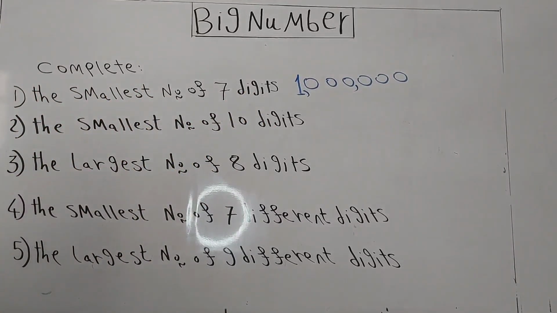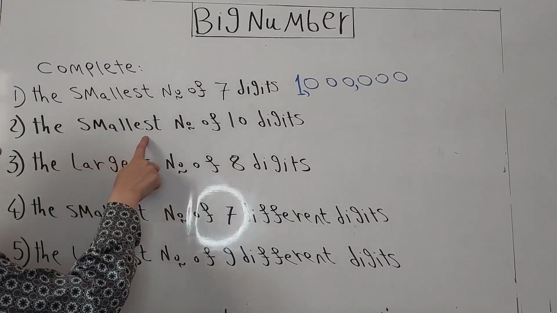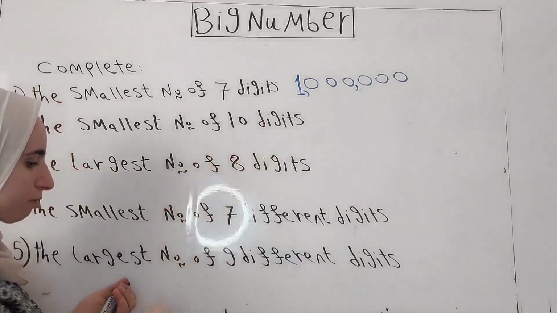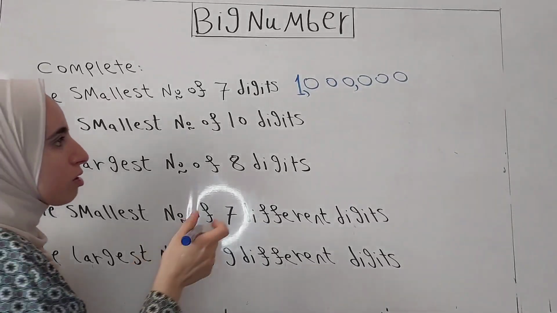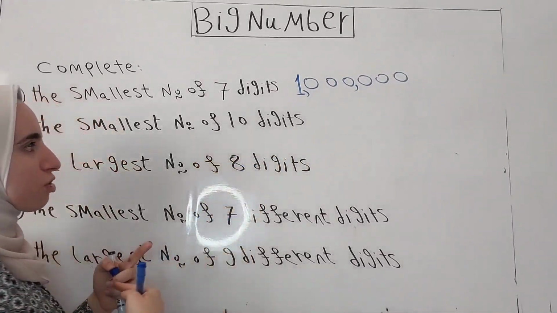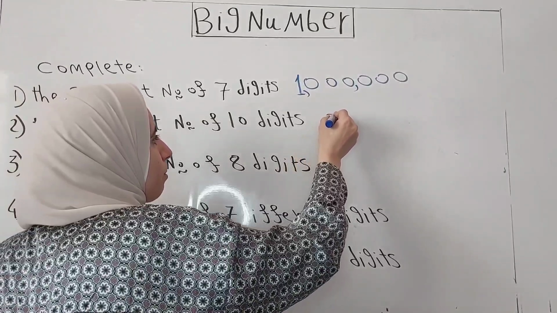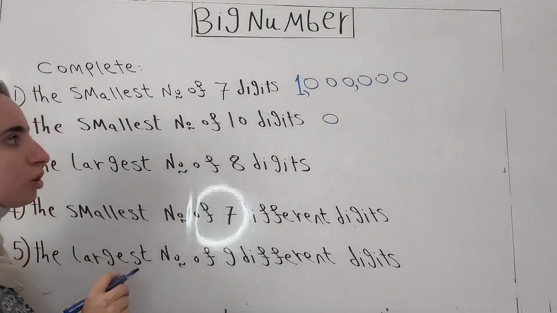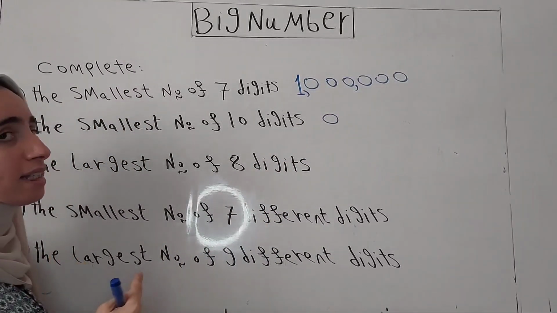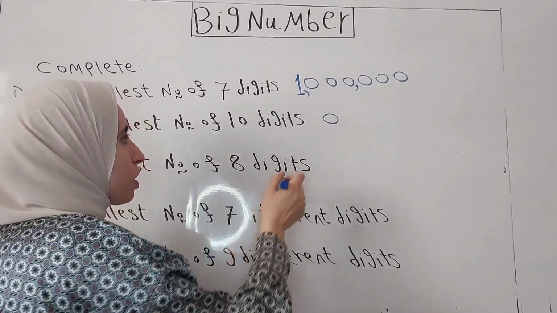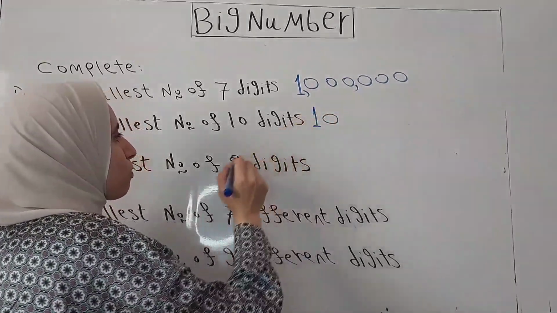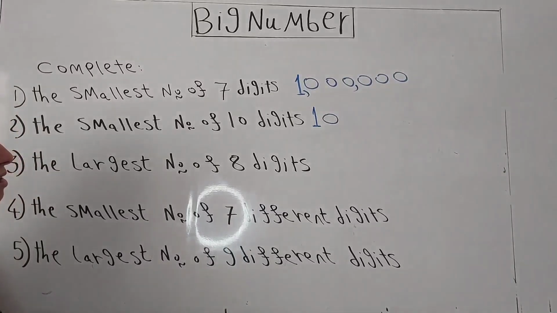So 1 million is the smallest number that consists of 7 digits. The second one, we need to write the smallest number of 10 digits. Also, the smallest digit is 0. But 0 on the left has no value. So we write the next smallest digit, which is 1, and complete the digits with 0.